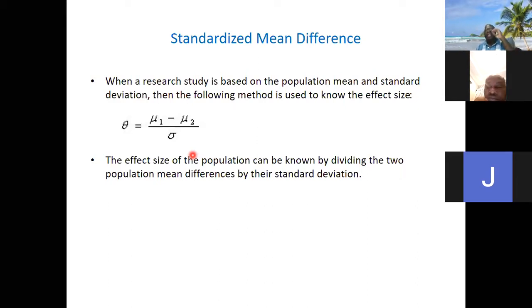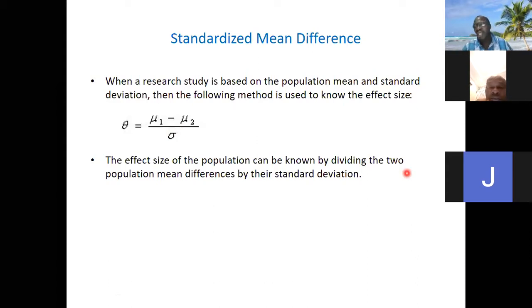So when a research study is based on the population mean and standard deviation, then the following method is used to know the effect size. So look at the standardized difference. That's why we have the current formula now. If you are dealing with population mean and standard deviation, the effect size will be mu1 minus mu2.